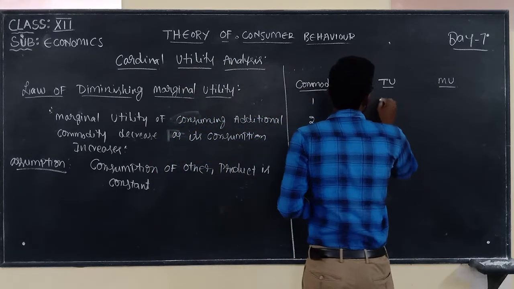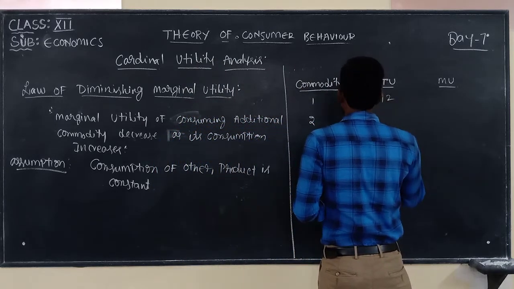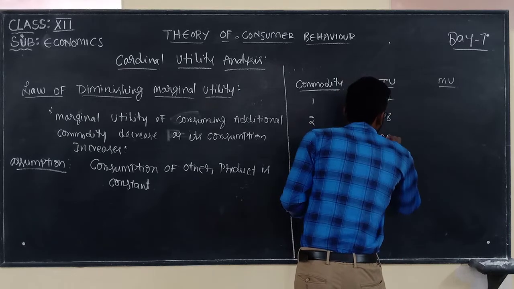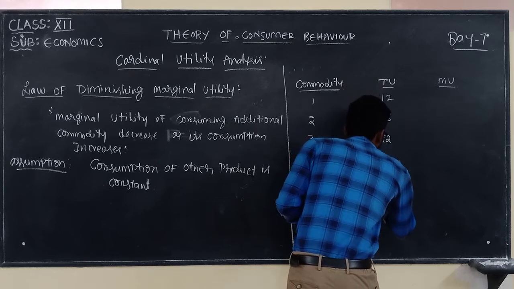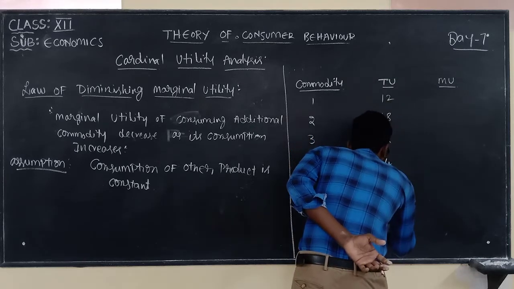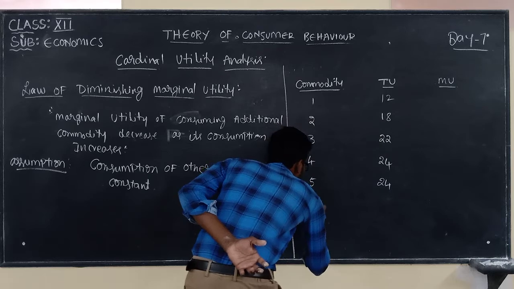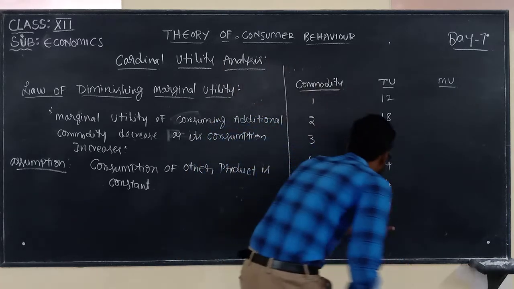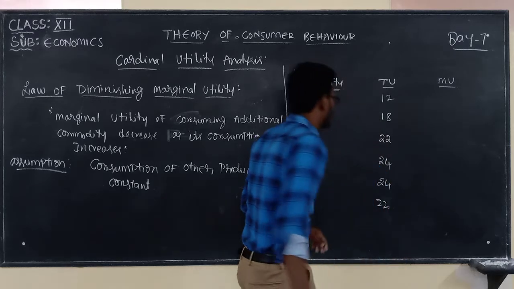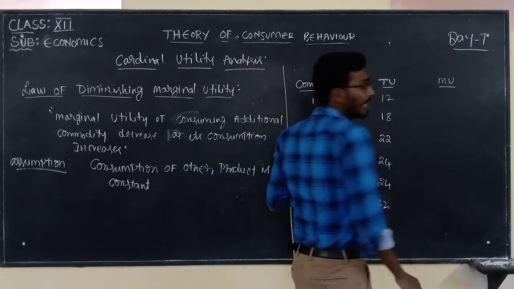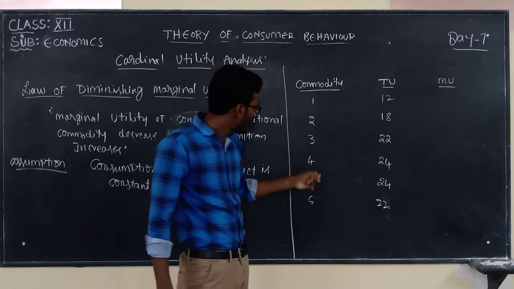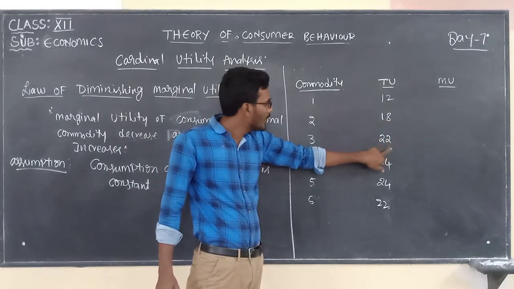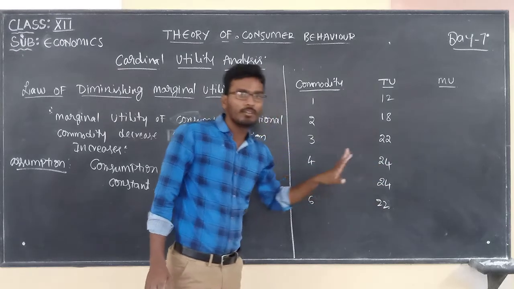So here I am taking commodity 1, 2, 3, 4, 5, 6, and total utility will be 12, 18, 22, 24, 24, 22. Is it clear?